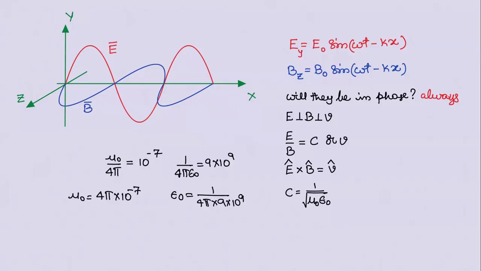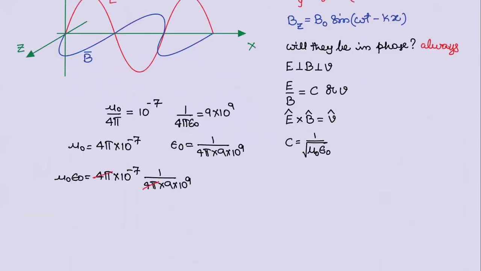What is the mu naught epsilon naught product? If you take the product, it will be this multiplied with this. These two get cancelled, and this is mu naught epsilon naught. If I take the square root of it, I can simply write like this.